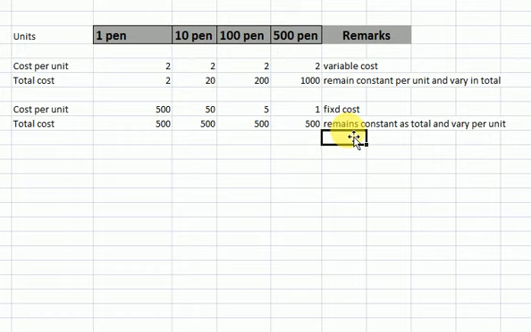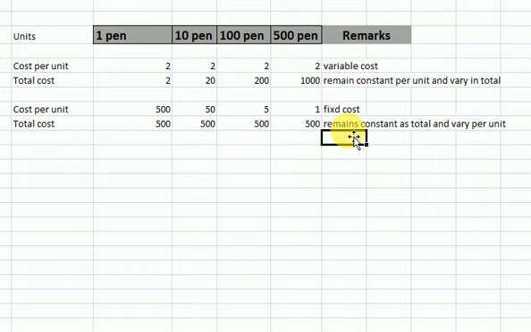But suppose the number of students is increased to 5 and I want to divide the rent per student. Now I divide 1,000 among these 5 students, so the per student cost is now 200. The cost is decreased.